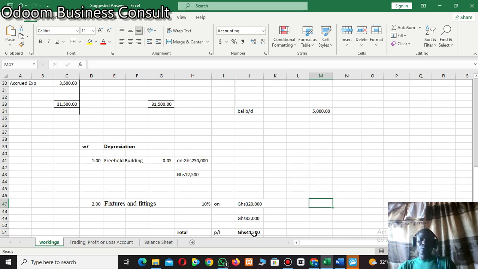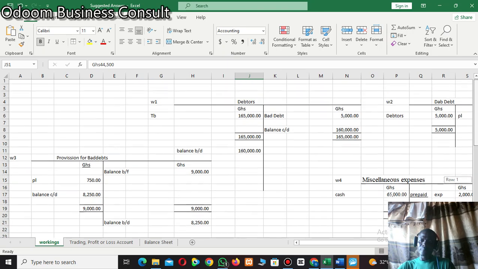So this total will appear on your profit or loss account. How did we get that? We added the depreciation for this and the depreciation for that. When you get there, we have different ways of presenting it on the profit or loss account. I will show you the two ways, or the many ways to present them.